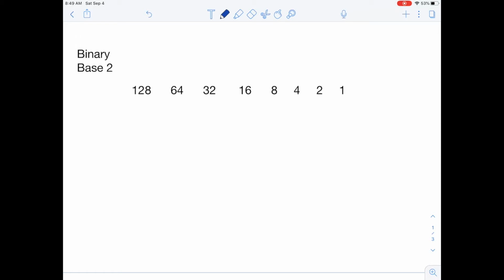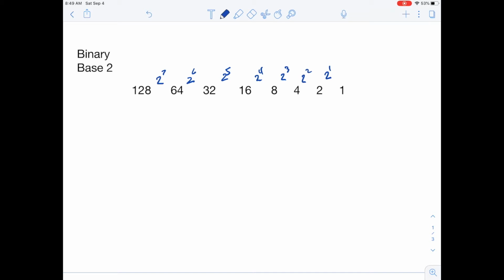But again, you see the place values down there, 1, 2, and you can think of this as 2 to the first power, 2 to the second power, 2 to the third power, 2 to the fourth power, 2 to the fifth power, 2 to the sixth power, and 2 to the seventh power. I did 8 place values just because we're used to working with bytes or 8 binary digits.